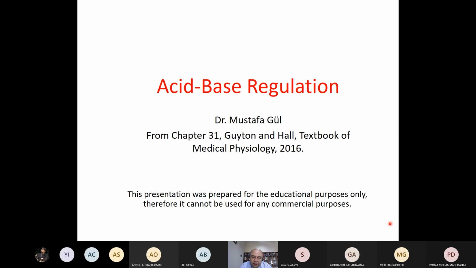If somebody is vomiting only gastric content, this person is losing acid, so the body will develop alkalosis. If a child has diarrhea, then losing bicarbonate-rich gastrointestinal content, the body will develop acidosis.